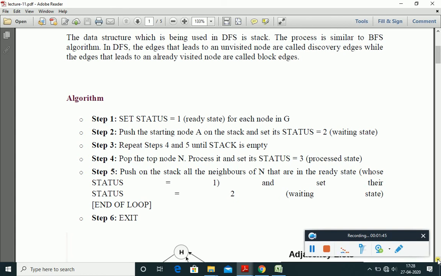For depth first search, when we apply any algorithm, we need an intermediate data structure that we can use to implement DFS. That data structure is a stack.